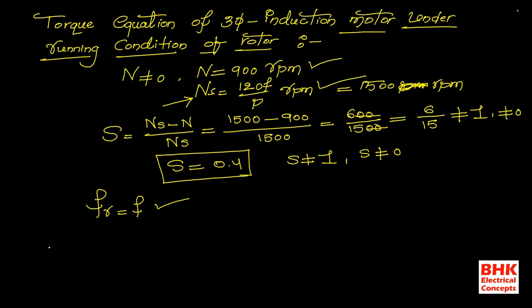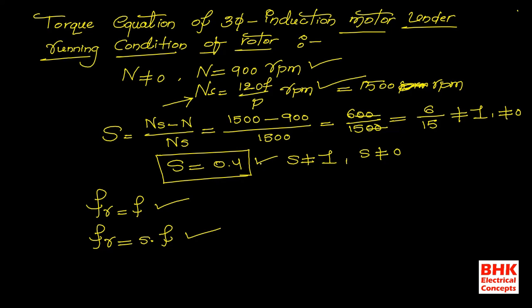But in case of running condition of a rotor, the rotor frequency is equal to S times the supplied frequency. That is the reason why in case of running condition of a rotor, you will definitely get the value of slip between 0 to 1 only. It means we are including the value of S as some value, for example, in this case 0.4.